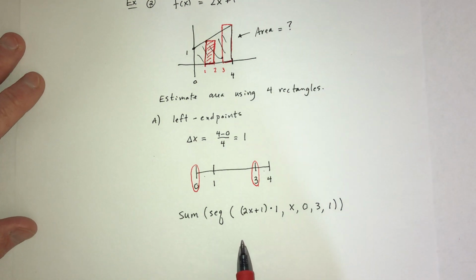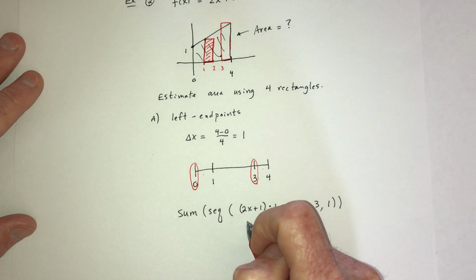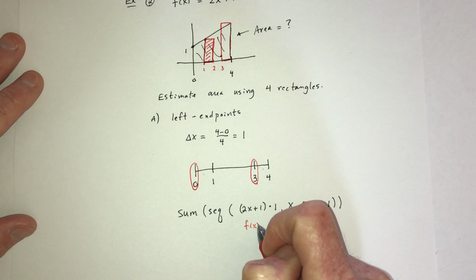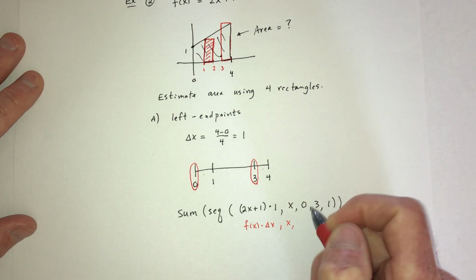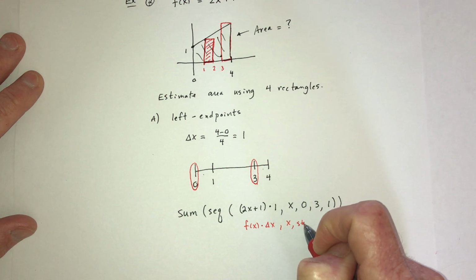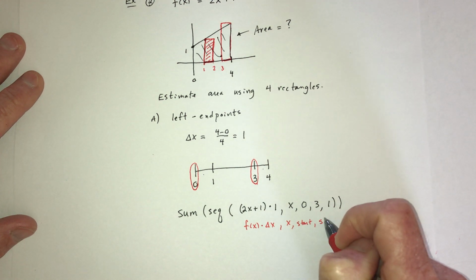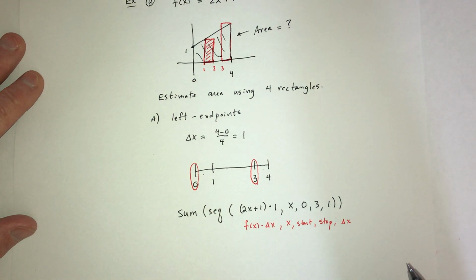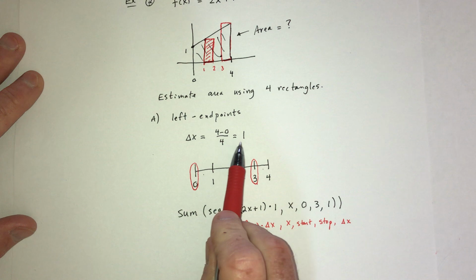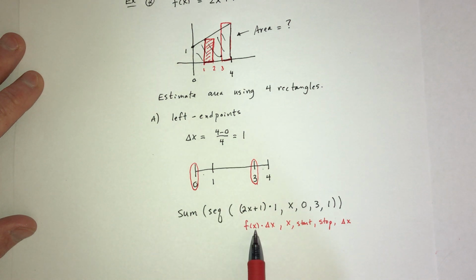So when you do this for Riemann sums, it's always going to be the function times the delta x, comma, x, and then the start, the stop, and the delta x. And as you can see, the delta x is not hard to find, so that part is straightforward. All we need to really worry about is where to start and where to stop. So in this case, 0 and 3.